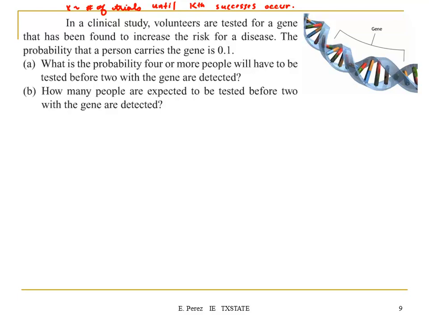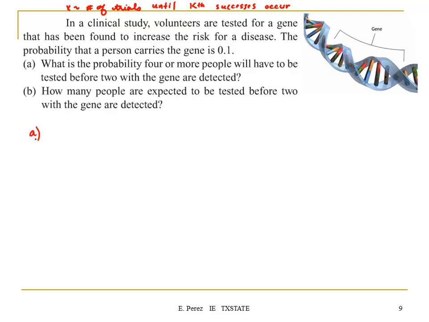So again, X is our random variable. It's the number of trials until the kth success occurred. So for A, what is the probability that we are looking at? Again, the probability is defined based on the random variable.